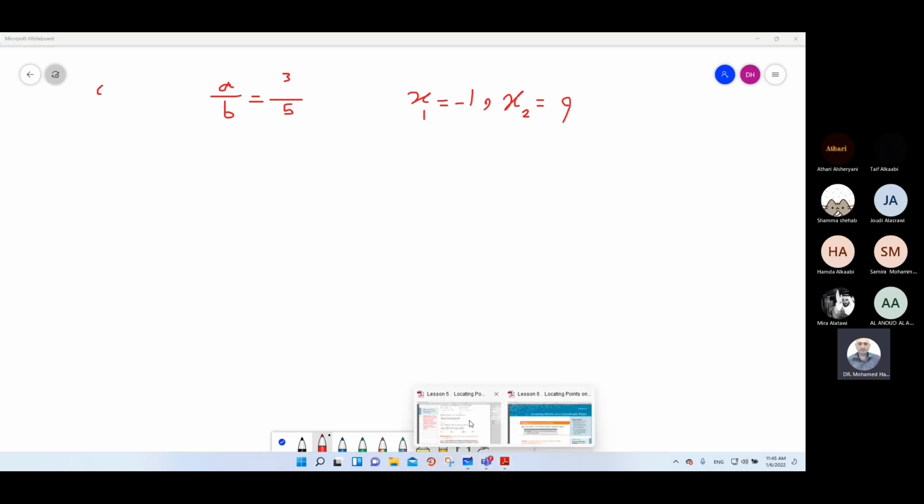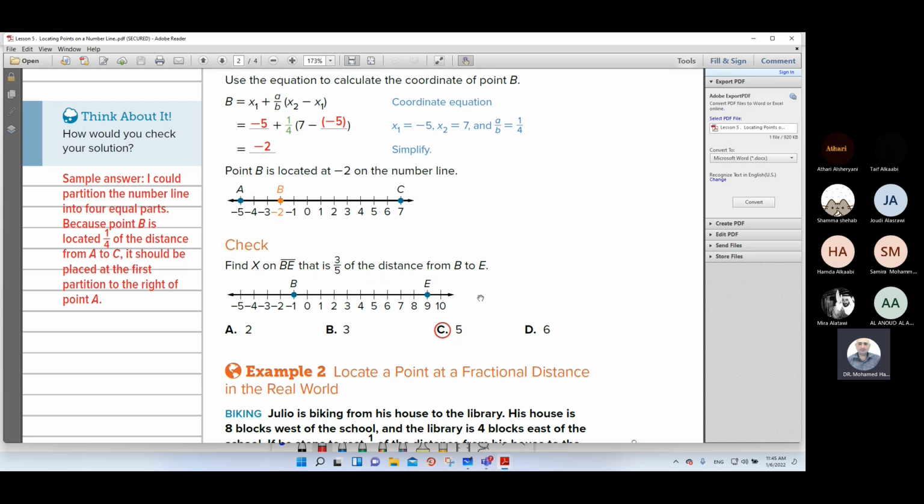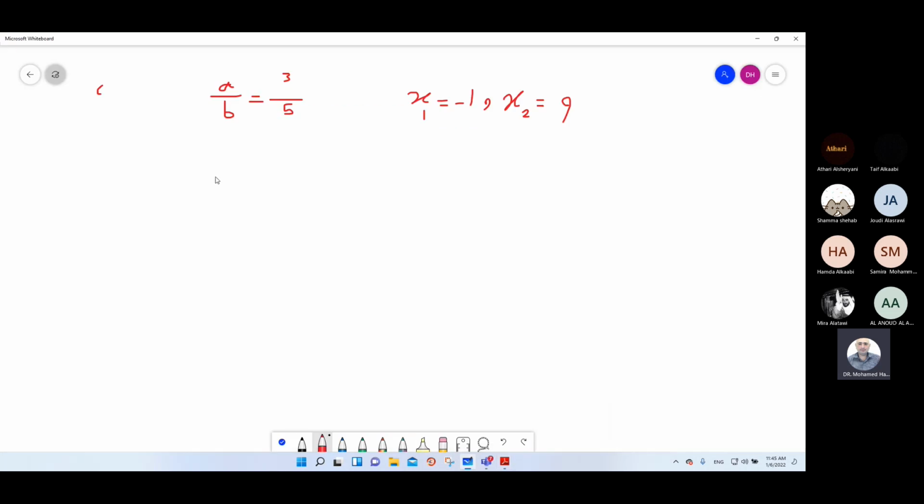Then we want to find the coordinate of x. So write the formula: x equals x1 plus A over B multiplied by the parentheses x2 minus x1.